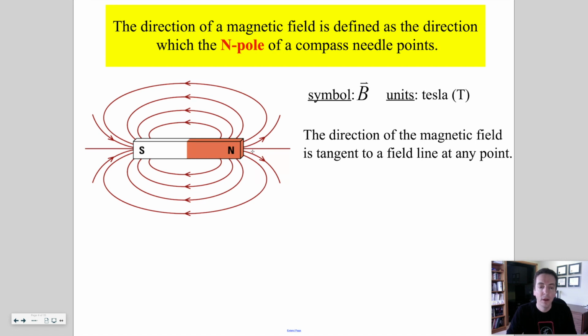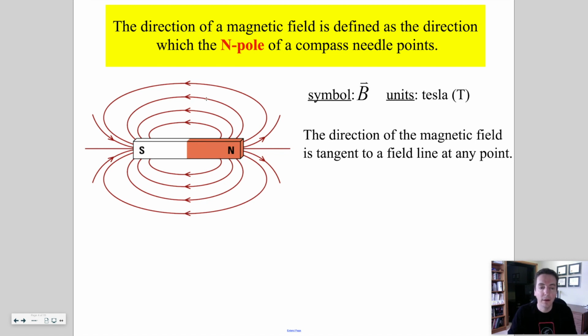Notice that if I was to have a north pole of a compass needle right here, call that a north-seeking pole, north would be repelled by north because like poles repel, and opposite poles attract. So notice all the field lines are pointing away from the north, and they make loops and go around and point then towards the south, because a south pole would attract an opposite north pole.